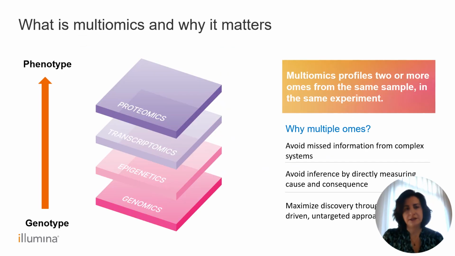But first, let's talk about what is multiomics and why it matters. Multiomics usually refers to experiments where more than one ohm is analyzed from the same sample. And why does it matter? We know that for complex diseases, and cancer definitely belongs to one of the best examples for multiomics, it's extremely important to look not only at one ohm, because information derived from one ohm does not explain cancer or any complex disease.